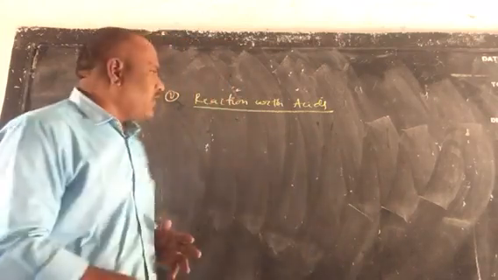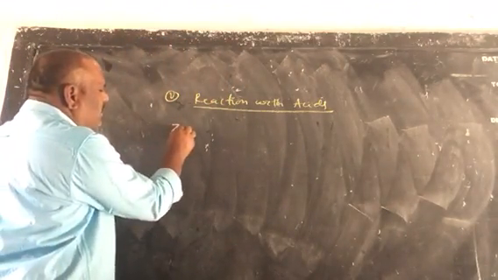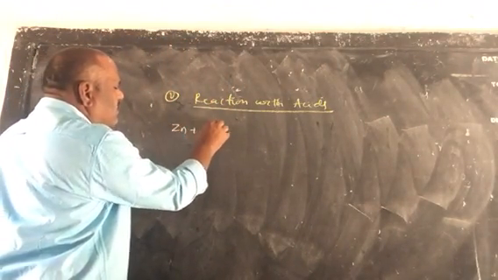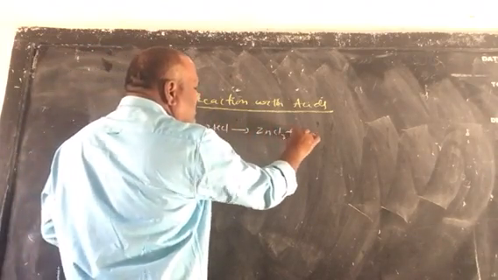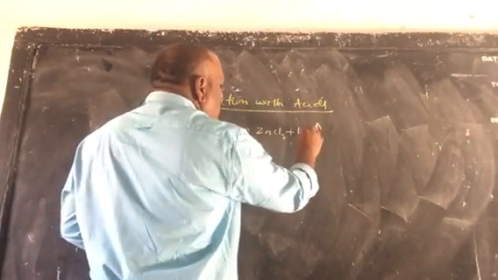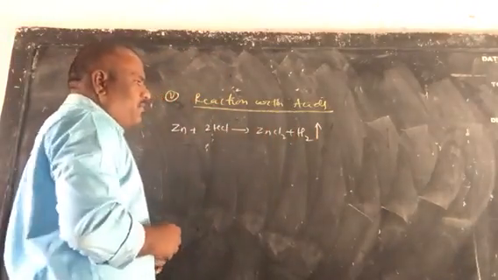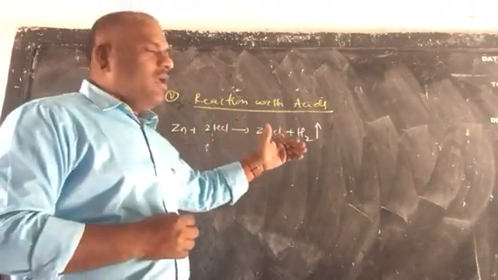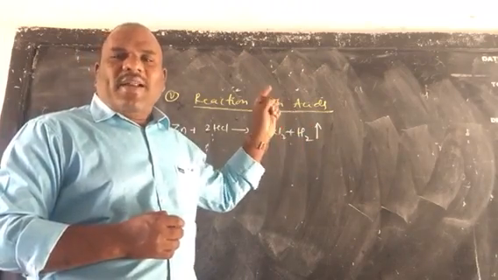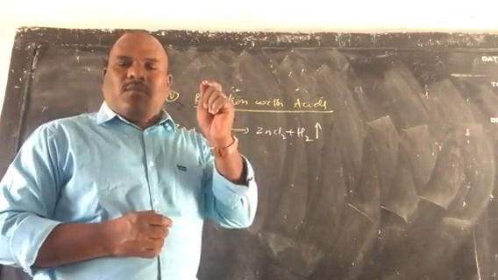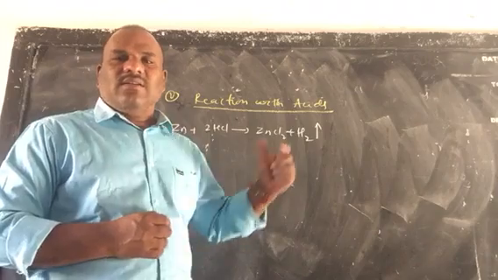For example, children, zinc is a metal. When zinc reacts with hydrochloric acid, it gives zinc chloride plus hydrogen, H2. This hydrogen we can test by bringing a burning matchstick near the mouth of the test tube; the matchstick is put out with a pop sound, indicating the presence of hydrogen.